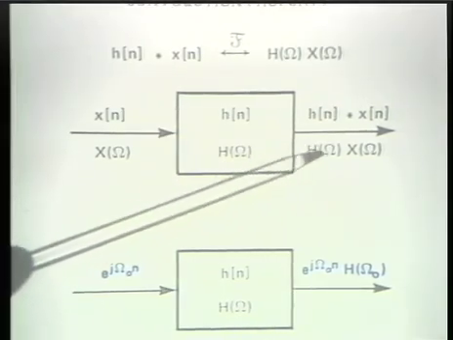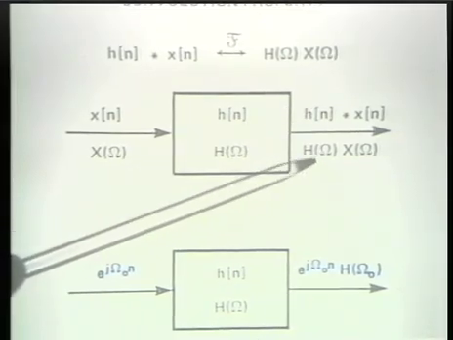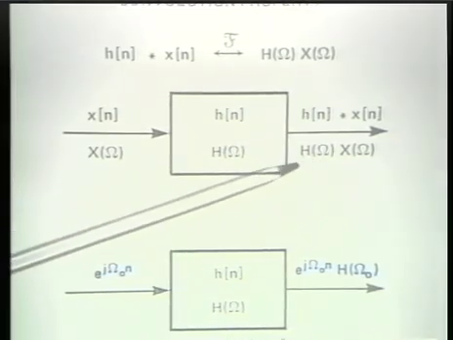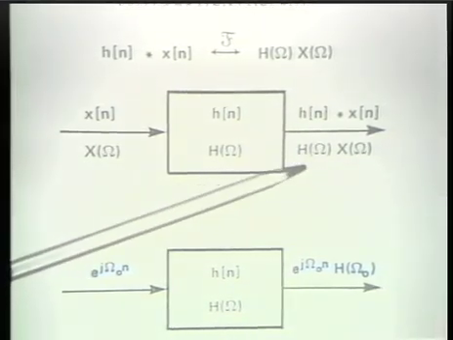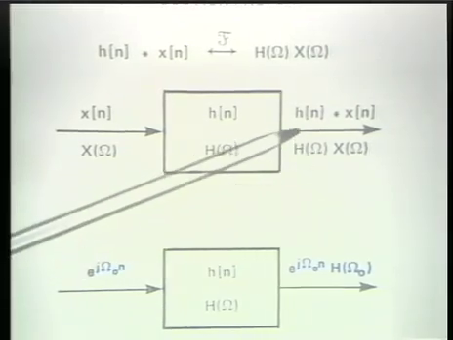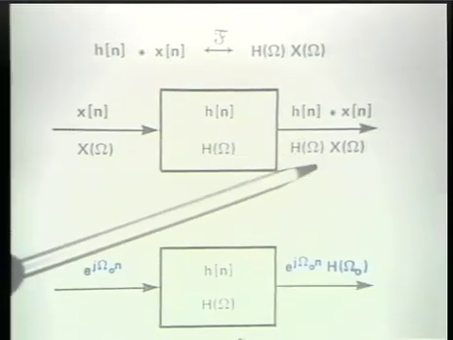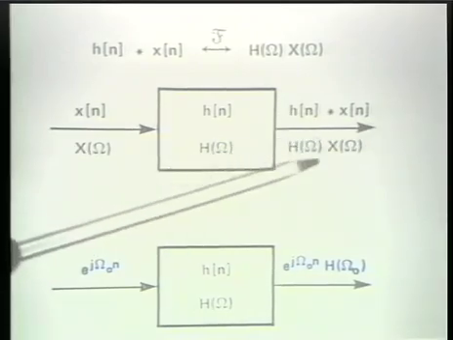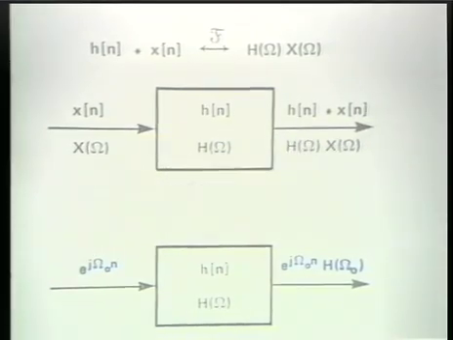And the Fourier transform of the output, in effect, is an expression of the summation or integration of the output as a linear combination of all of these exponentials with the appropriate complex amplitudes.